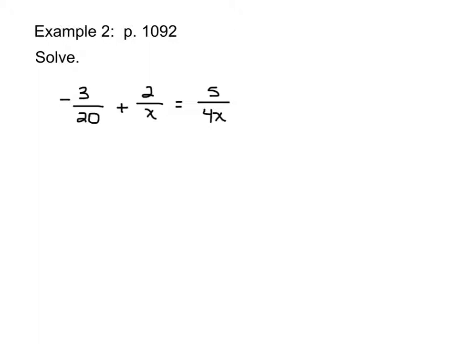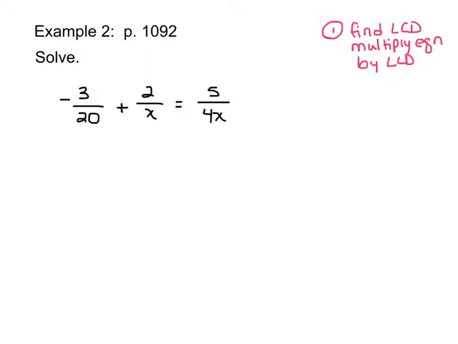In example 2, we're actually going to start solving these equations. To solve the equations, the first step is going to be to find the least common denominator and multiply the whole equation by that LCD.